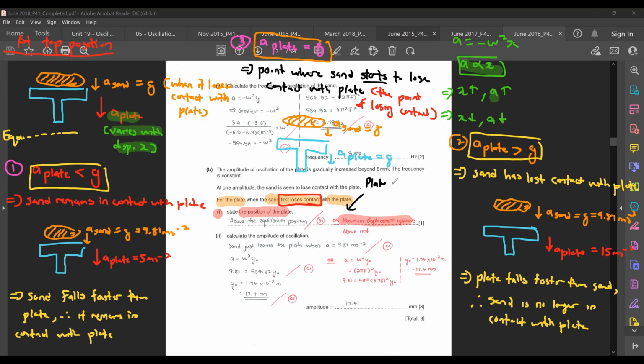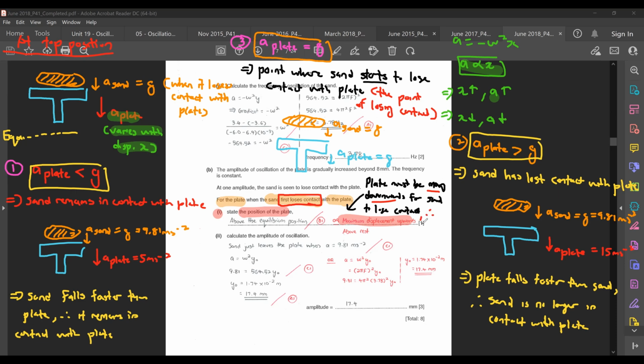The plate must be moving downwards for the sand to lose contact. It cannot be that your plate is moving upwards and then your sand starts to lose contact, right? It doesn't make sense at all. So your plate must be moving downwards in order for your sand to lose contact.